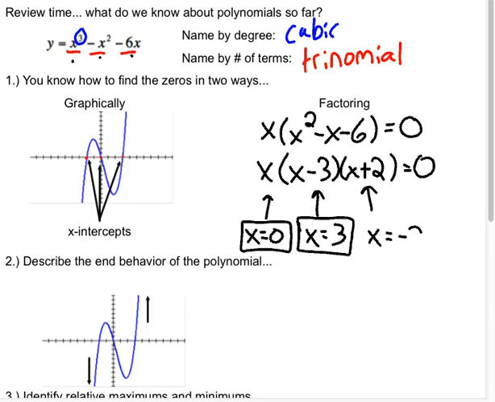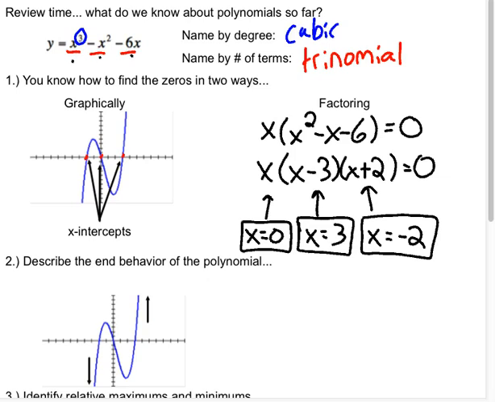That gives me a solution of x equals negative 2. And you can go and see that those are, in fact, the points we were talking about. Right there, negative 2, 0, and 3 that you got from the graph. So the factoring methods line up with exactly what the calculator is telling you as well.